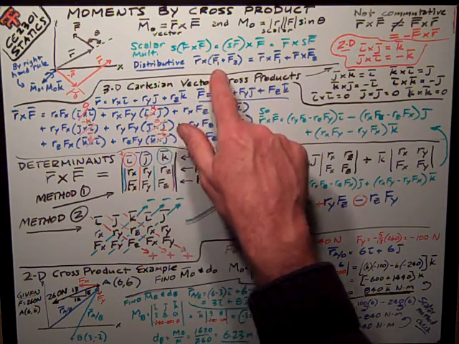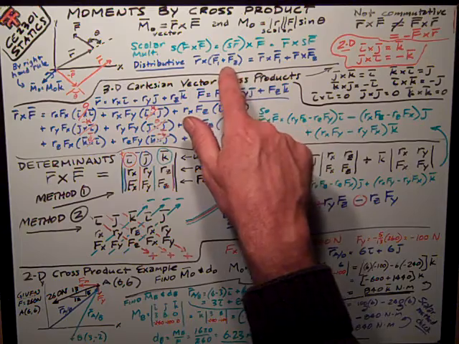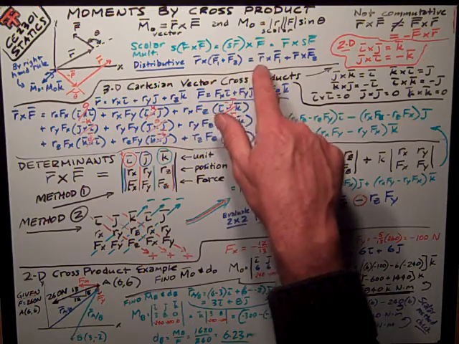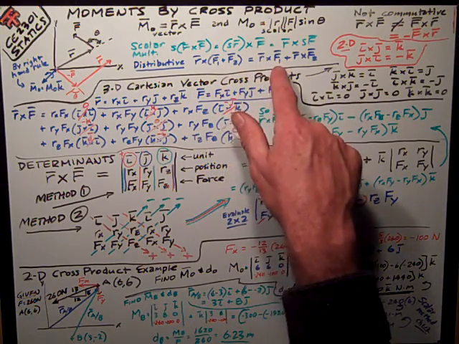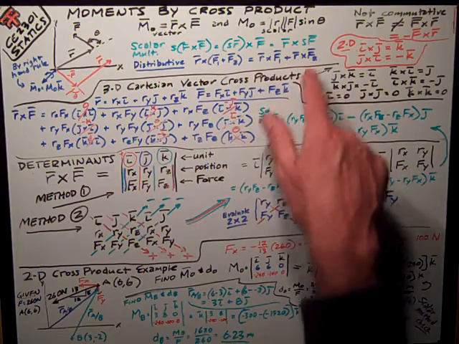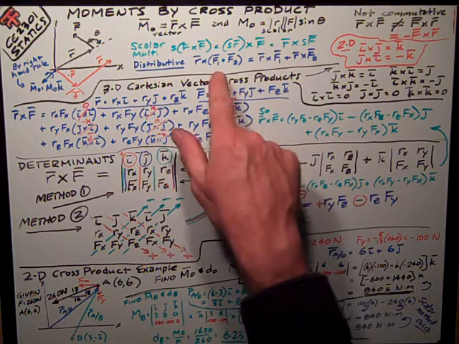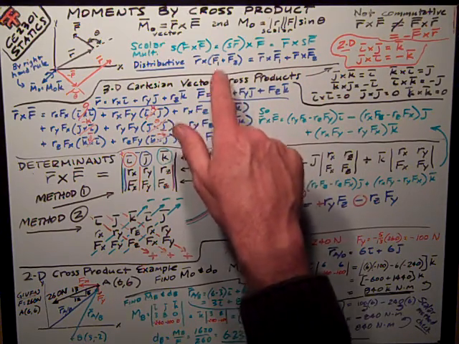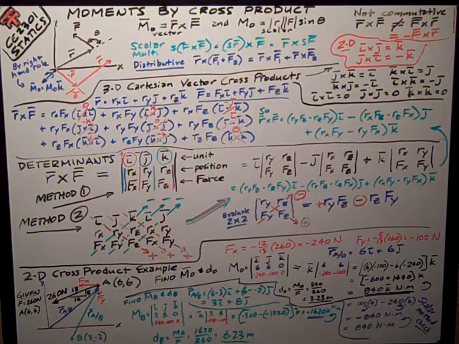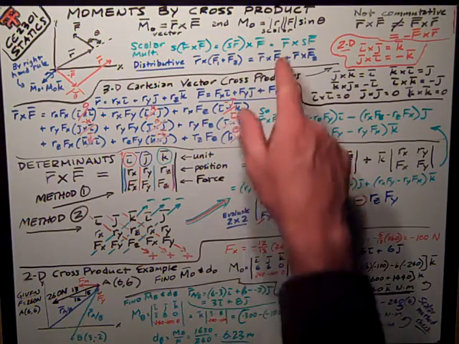R cross F1 plus F2 vectors is equal to R cross F1 plus R cross F2. Of course, F1 plus F2 gives us a resultant, so this is not earth-shattering.